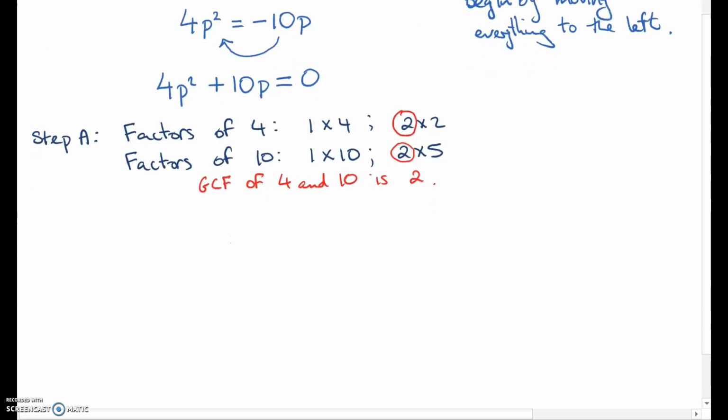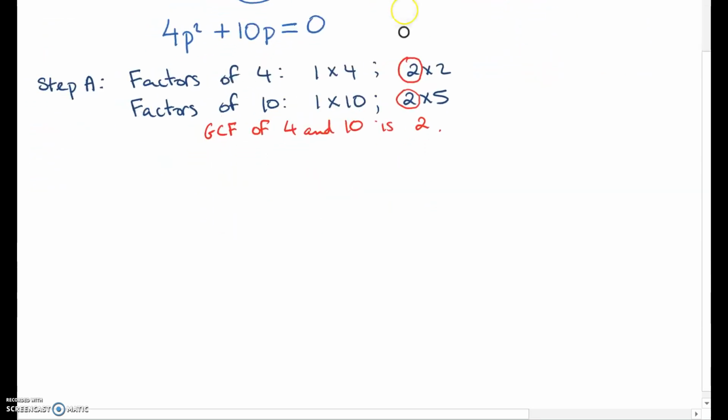Right, so let's move towards step B. In step B, we write out the letter that appears in both. And p is the letter that appears in both. P appears in both terms. And the smallest power of p that's here is just p.